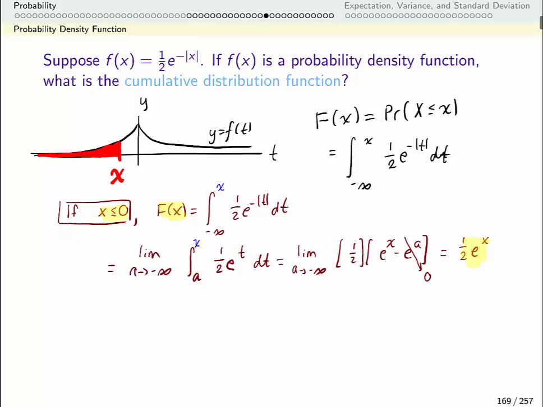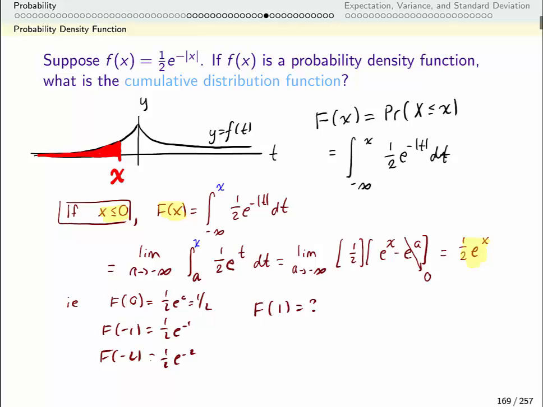Just to again remind you what that means, this means f of 0 is 1/2 e to the 0. It means f of -1 is 1/2 e to the -1, and f of -2 is 1/2 e to the -2, but we have not yet figured out, for example, f of 1.